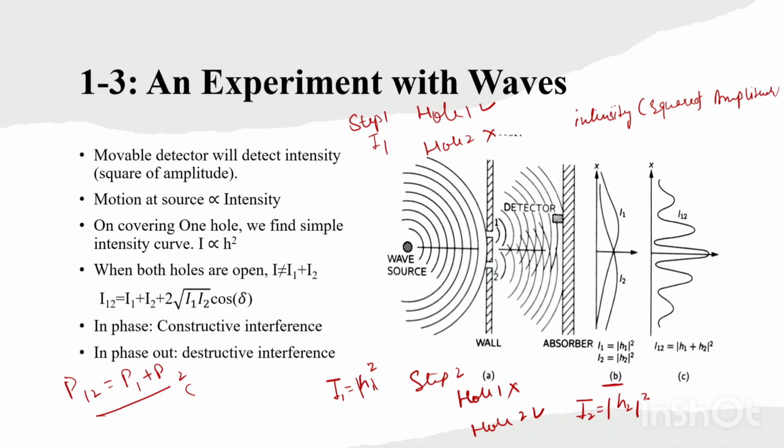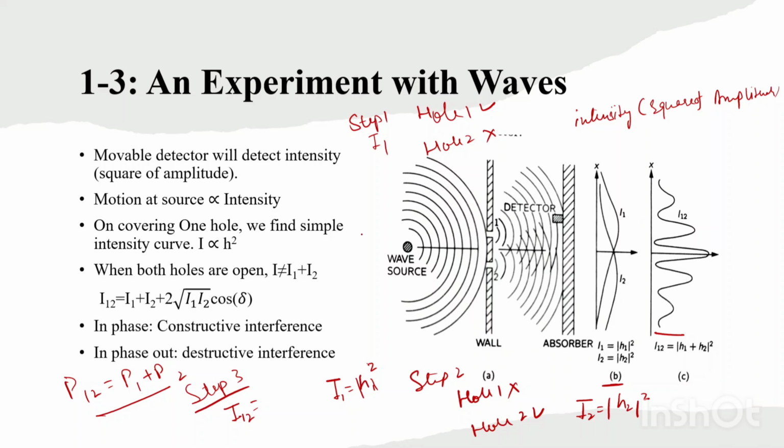So for our third step, what we did in our previous experiment, we have both holes open. So for this step also we are going to open hole 1 and hole 2 together. Whatever we detect is I12, and its graph is plotted over here.